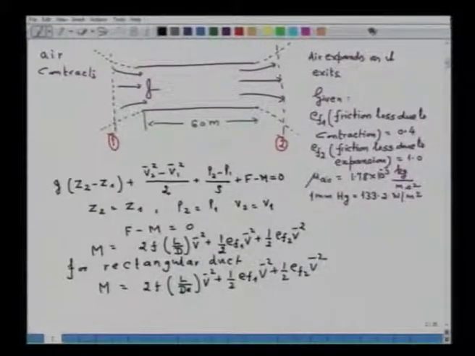So, now we have to calculate the various terms over here. So, first of all, we will evaluate DE.